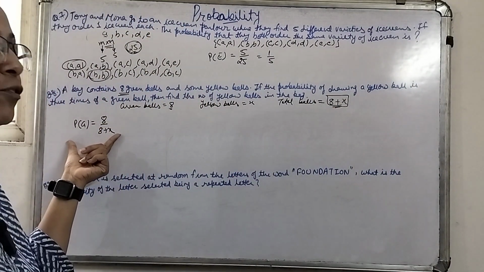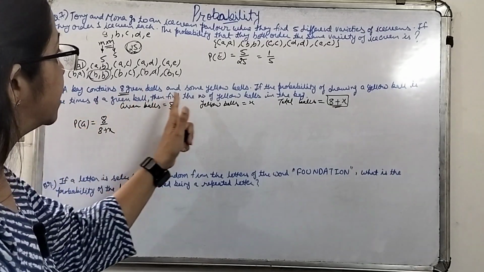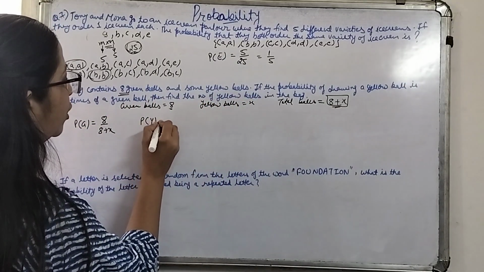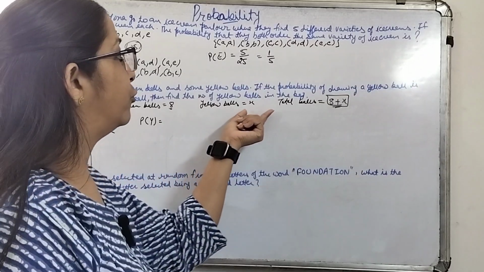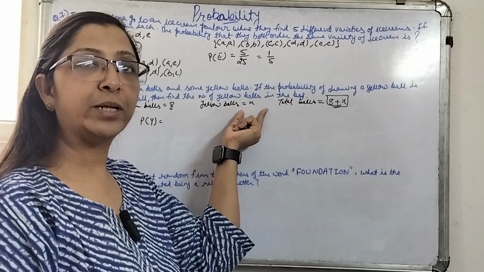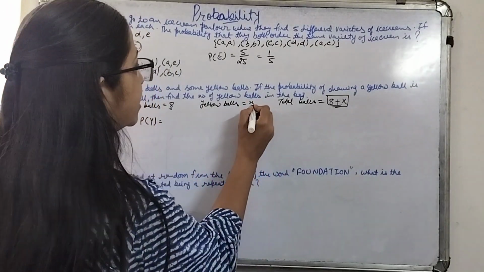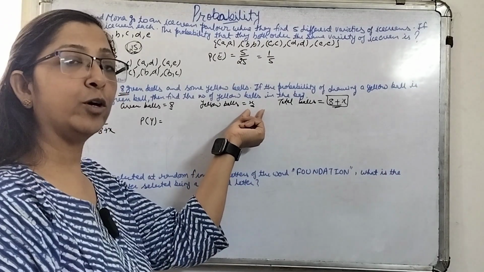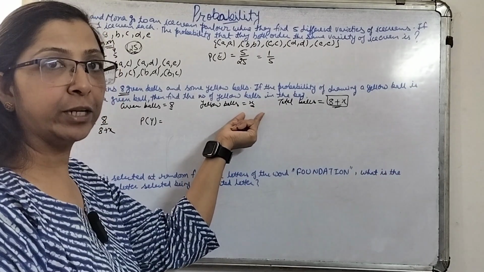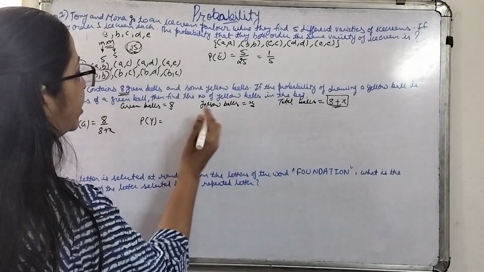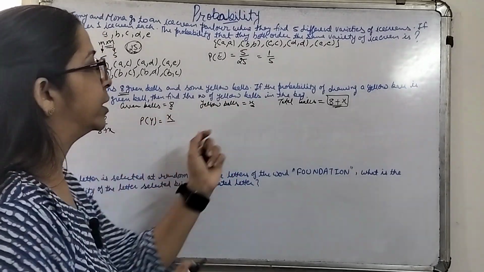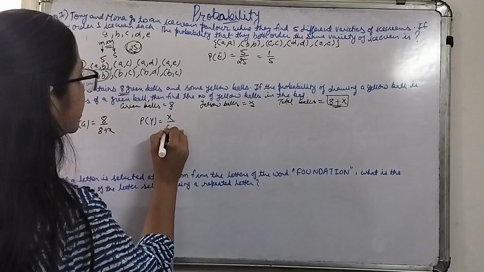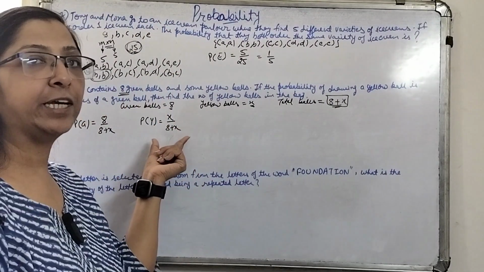Now what is the probability of getting a yellow ball? Favorable outcomes is if any of these x balls will be picked. So the total number of favorable outcomes is x, and the total number of possible outcomes is 8 plus x. So this is the probability of getting a yellow ball.